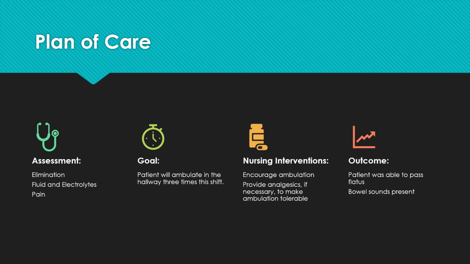I chose this because ambulation is incredibly important and is sometimes overlooked as an effective intervention. While encouraging ambulation, I will provide pain measures so that the patient is more comfortable. The outcome from the shift was my patient began to pass flatus. In addition, by the end of the shift, bowel sounds were starting to become present.